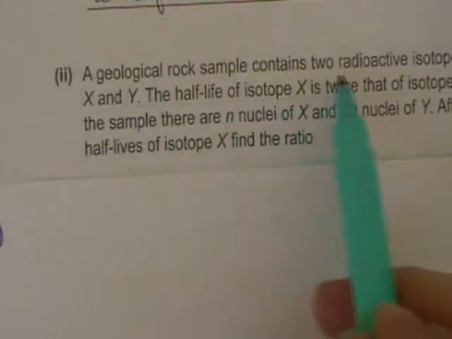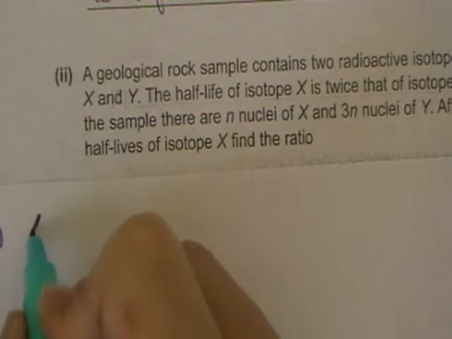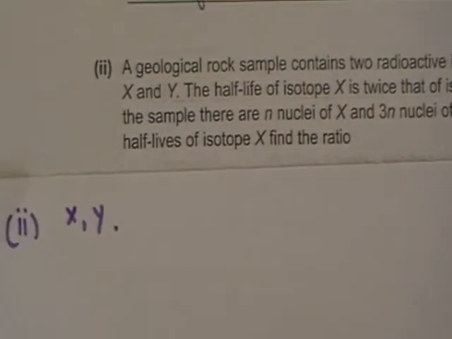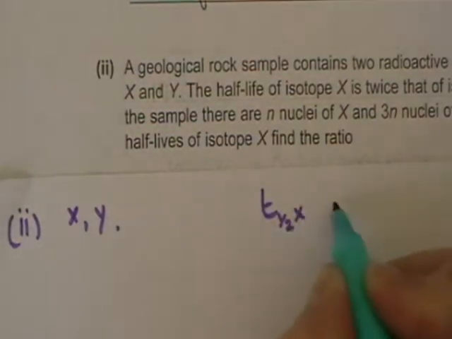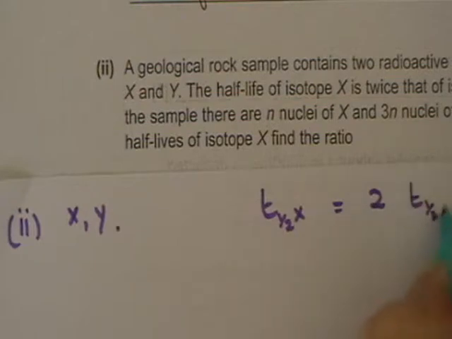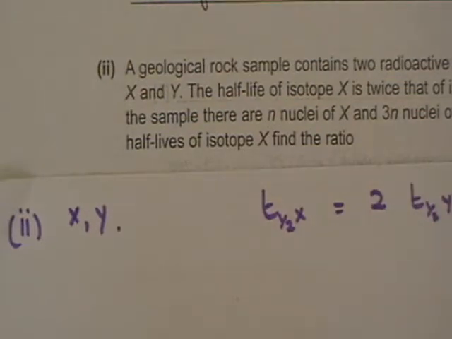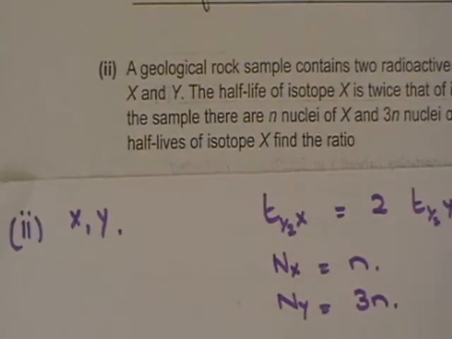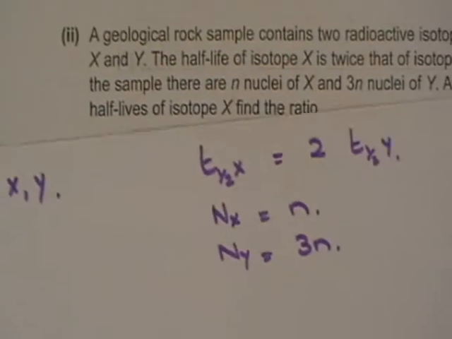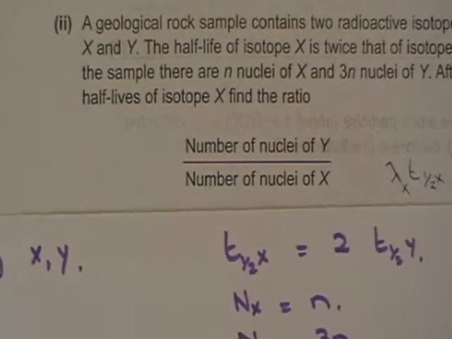A geological rock sample contains 2 radioactive isotopes X and Y. The half-life of X is twice that of Y, so half-life of X is twice the half-life of Y. In the sample, there are N nuclei of X and 3N nuclei of Y. So the number of nuclei of X is N, and the number of nuclei of Y is 3N. After 2 half-lives of the isotope X, find the ratio, and then the ratio is the number of nuclei of Y to the number of nuclei of X.